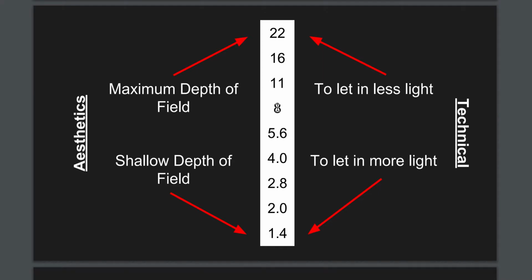So as we come up into our higher f-stop numbers, our opening gets smaller and we get less light coming into the camera, which creates a deeper, a bigger depth of field.